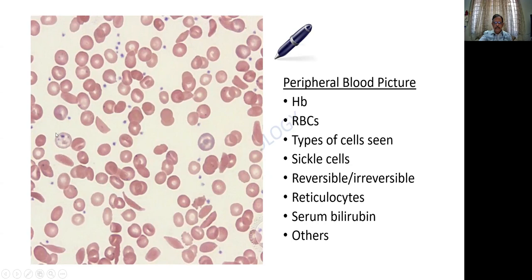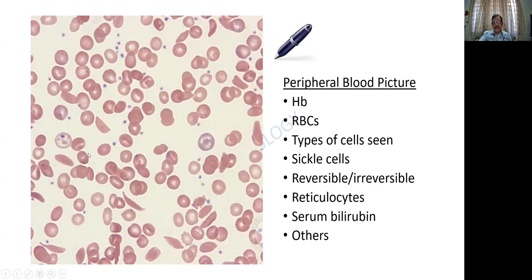Also, I mentioned the polychromatic cell. Look at this purplish tinge in an RBC. It is a polychromatic cell or a reticulocyte. These can be present. Sometimes we can get target cells. Look at the hemoglobinization in the center. Again, another target cell is over here. So, what types of cells are we seeing? RBC is normocytic, normochromic. There can be sickle cells. What is the reversible sickling?